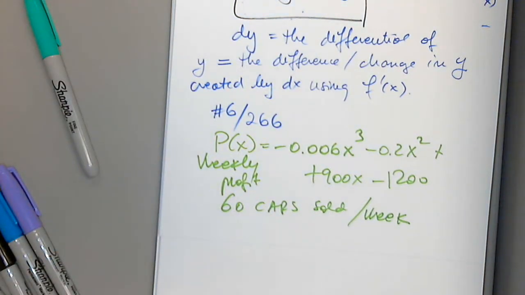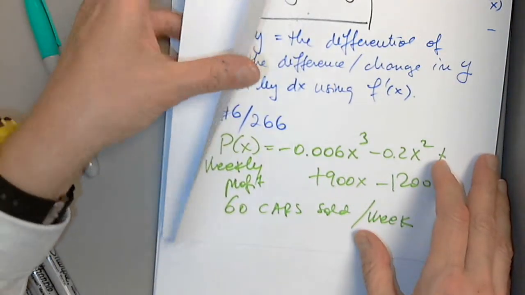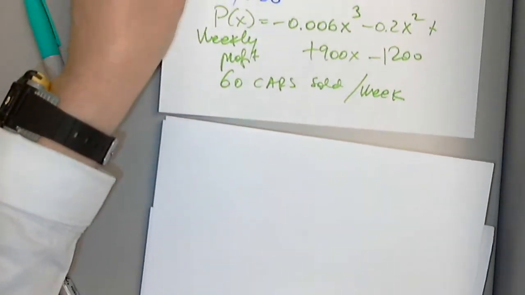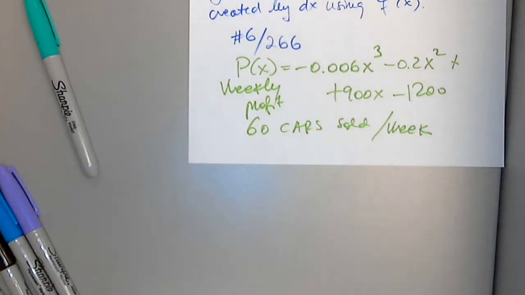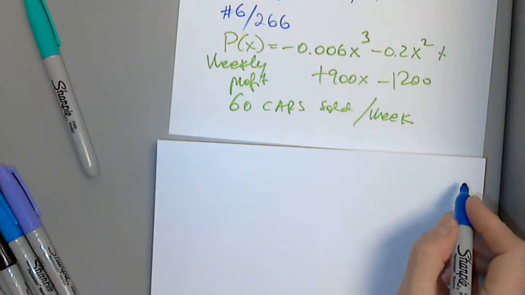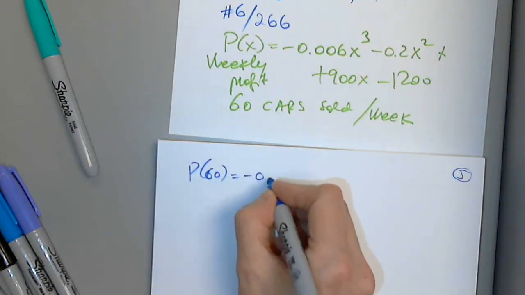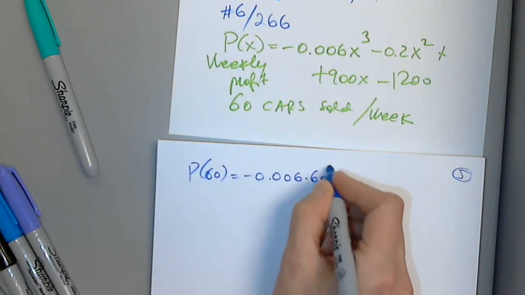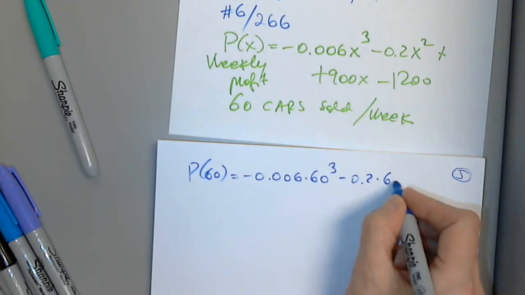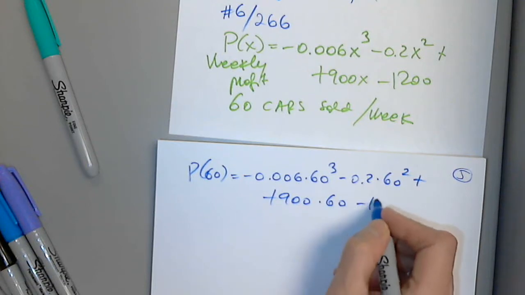Okay. Part A. What is the current weekly profit? What do I have to do? Plug in 60, correct? Very good. So P of 60 is negative 0.006 times 60 to the third minus 0.2 times 60 squared plus 900 times 60 minus 1200.